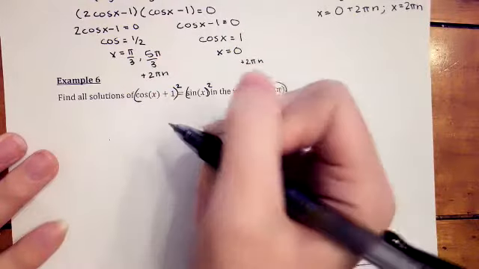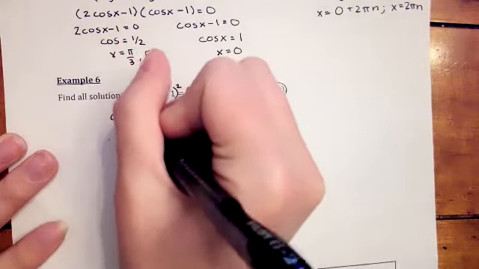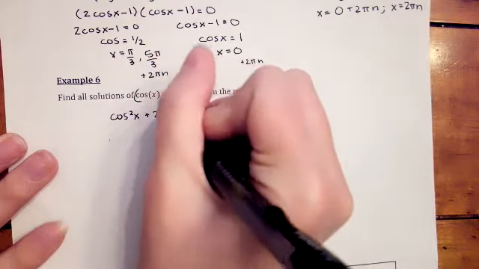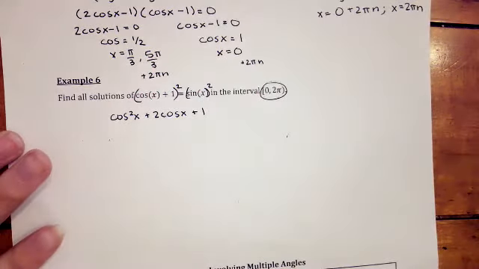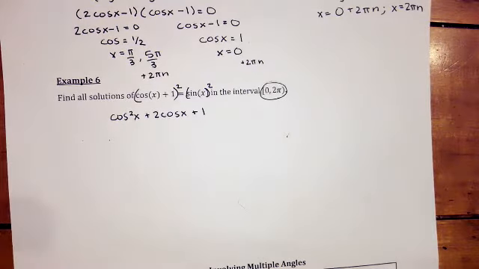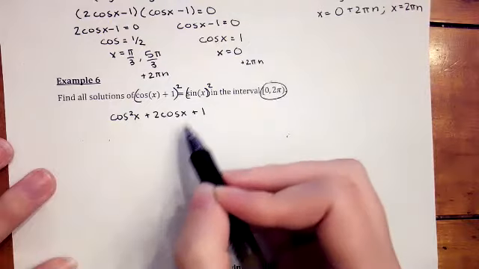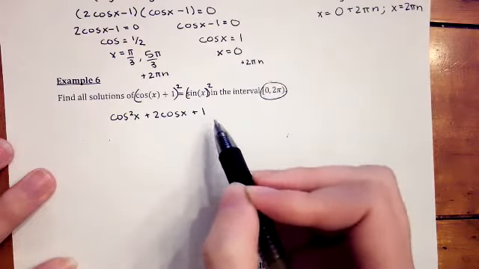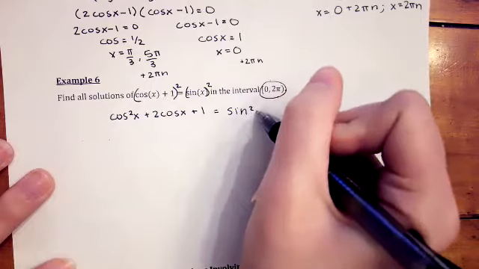When I square cosine x plus 1, I'm going to get cosine squared x plus 2 cosine x plus 1. Okay, it is a perfect square. So we're going trinomial, so you do have to remember that it's cosine squared times 2 times the middle plus 1. So do FOIL it out, and that is equal to sine squared x.